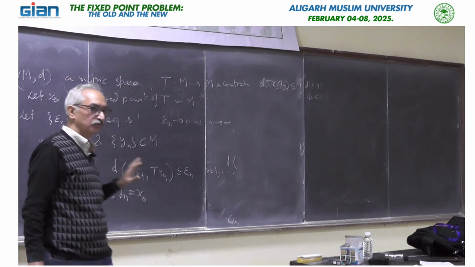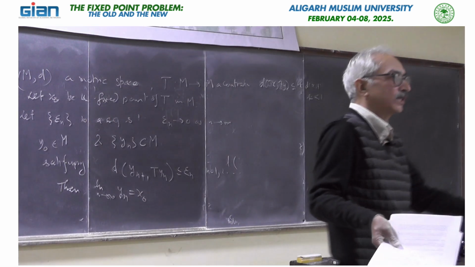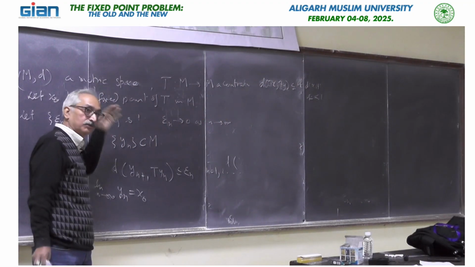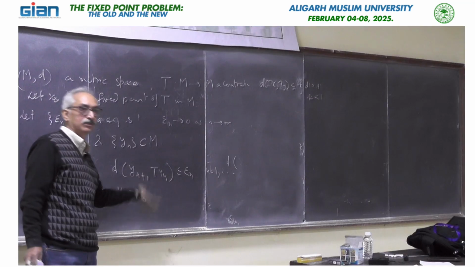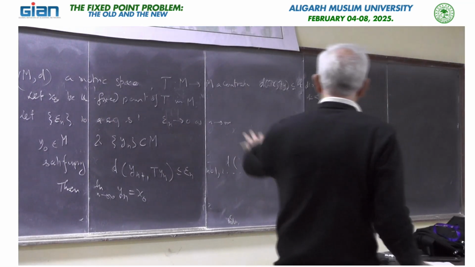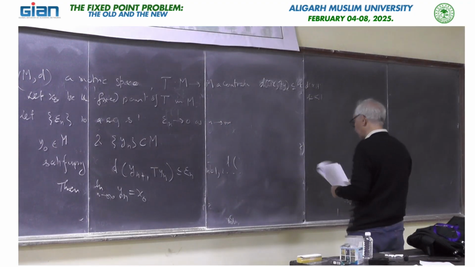In general we can't say whether y_n will go to the same point x_0 or not, but this theorem ensures that it also will go to that fixed point x_0. So in that sense it is a very nice result. Now let us see that.